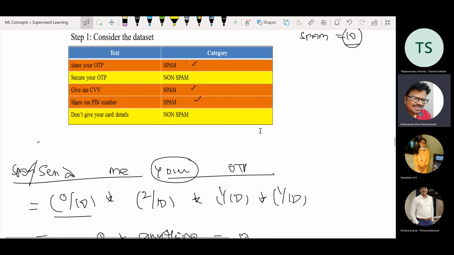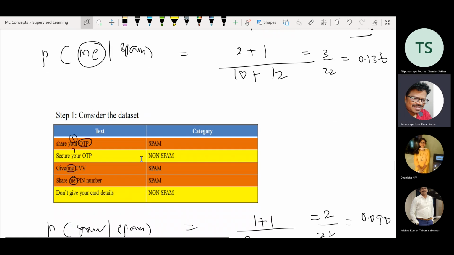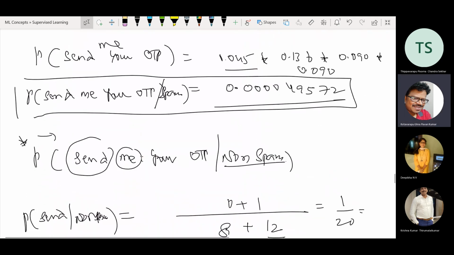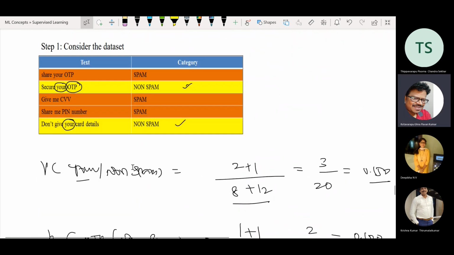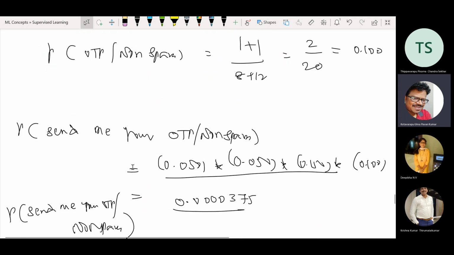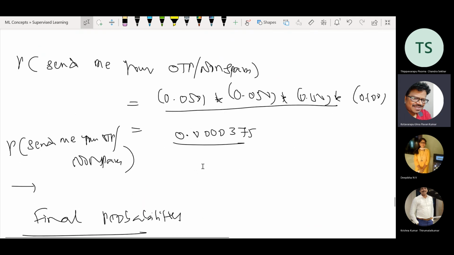So that is the information I wanted to give about naive Bayes and the corresponding probability structure, and how a typical naive Bayes classifier depends on this probabilistic analysis to categorize the data.